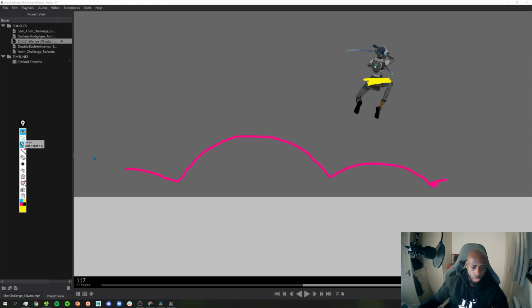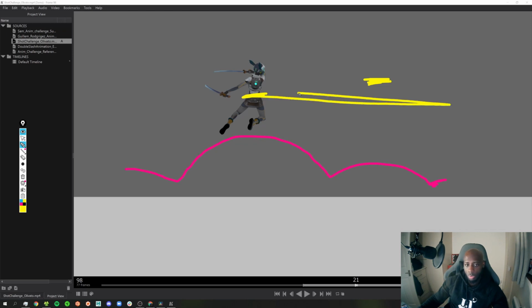That's where the hip height is for the second jump. And the first jump, you can see here that it's actually lower than this one, where it should be the other way around.